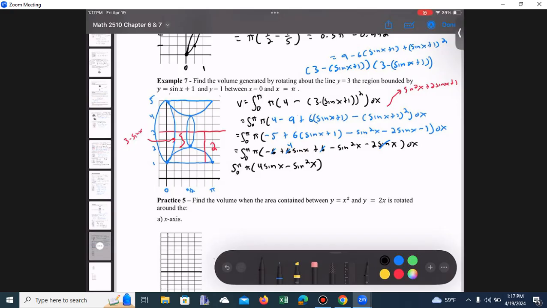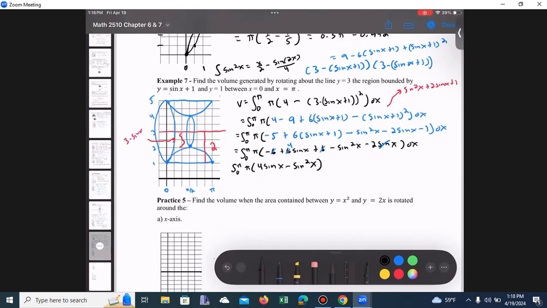Now, we did this in a previous problem. The integral of sine squared x equals x over 2 minus sine 2x over 4. So we're going to have to do that as well.